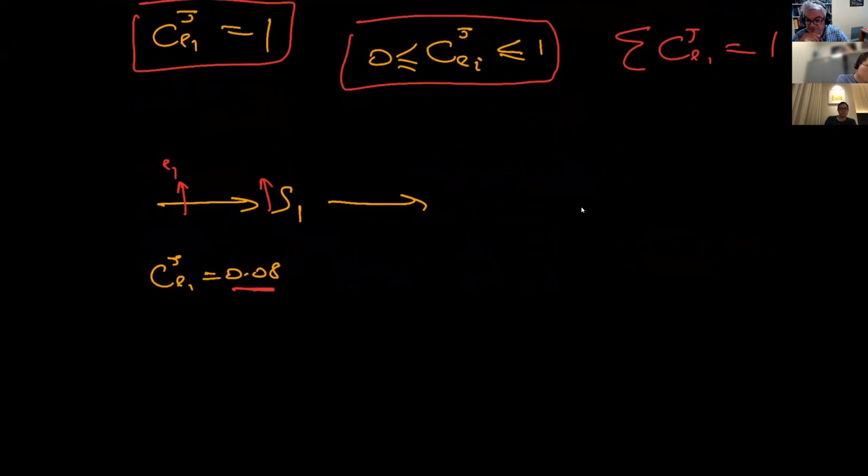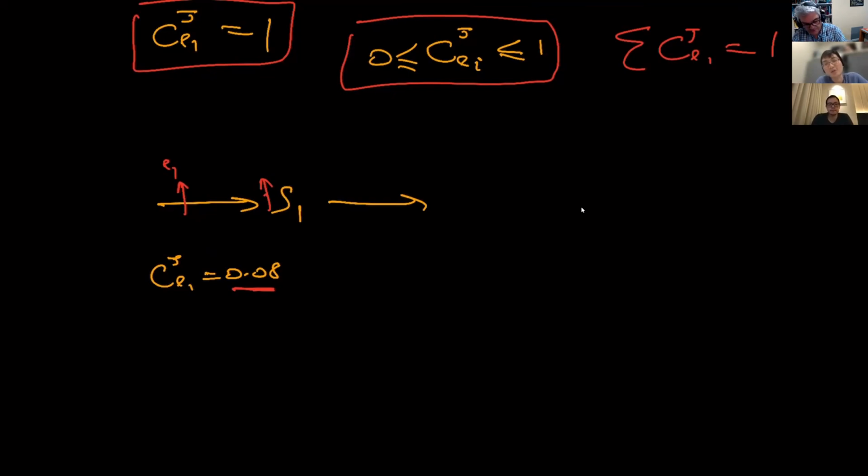So S1 must be a very strong inhibitor. Even a small increase in S1 slows this reaction down a lot, so that we only get a change of 0.08.